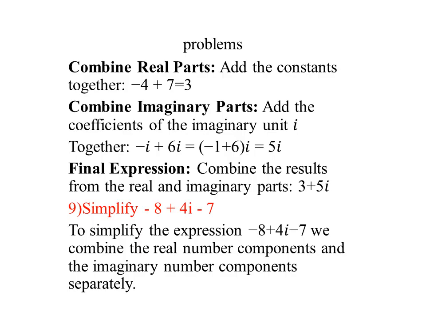Simplify -8 + 4i - 7. Here in this problem also we have to separate the real and the imaginary parts. The real parts are -8 and -7, and the imaginary part is 4i.